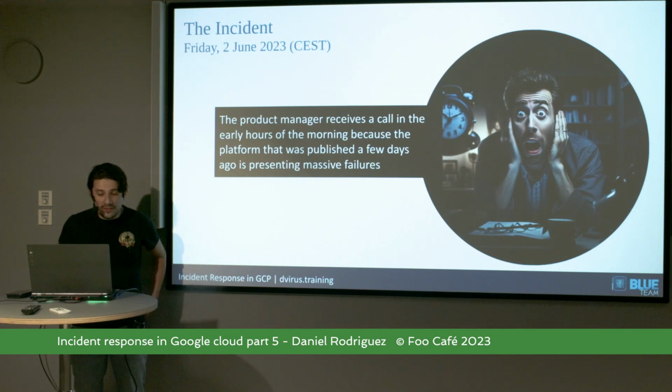So let's talk about the incident. This was this morning, 2-3 a.m. The product manager receives a call in the early hours of the morning because the platform that was published a few days ago is presenting massive failures. This is the story of a product manager.